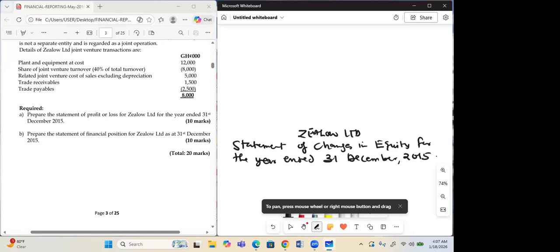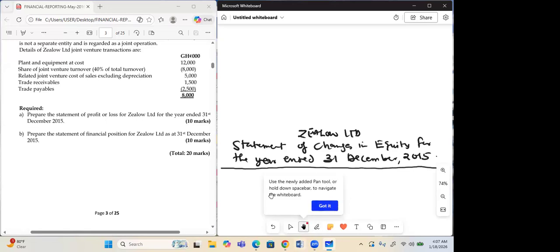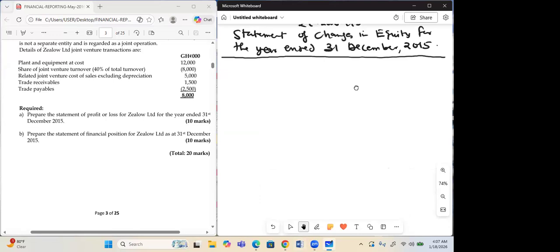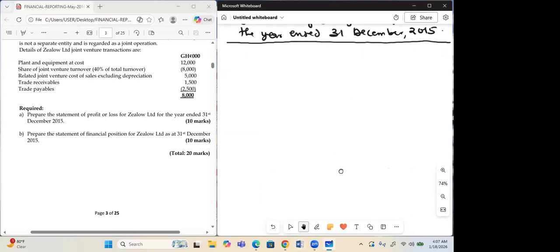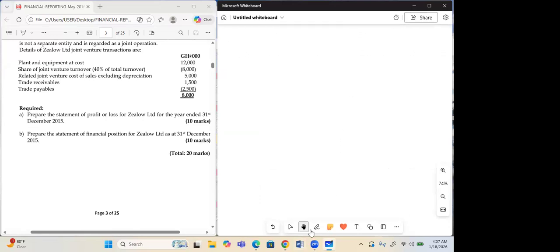So the statement of changes in equity should also take one page like this. Then you go to the next page.